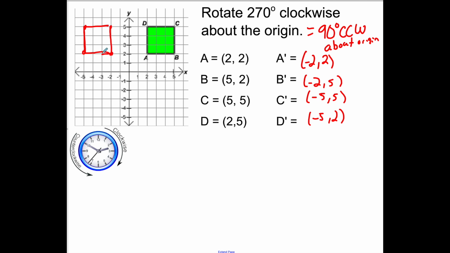So let's see, -2, 2, this is A, -2, 5, -5, 5, -5, 2. Okay, so the points flipped, but what sign changed? It's not a clean flip, right? 5, 5 just doesn't flip to 5, 5. One of the signs gets its coordinates flipped. So which one is that? We got to think about it, okay?